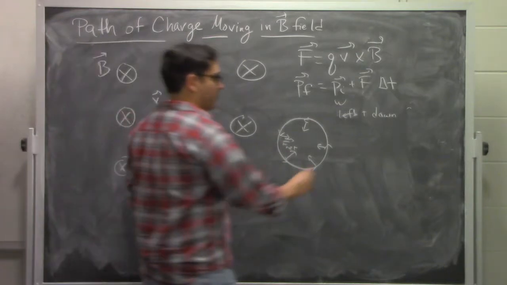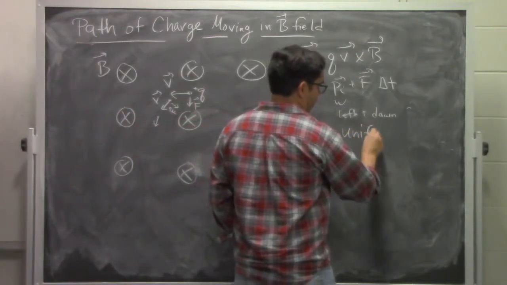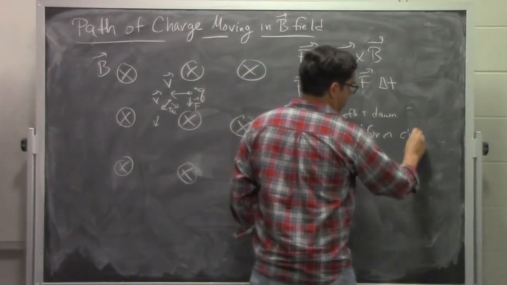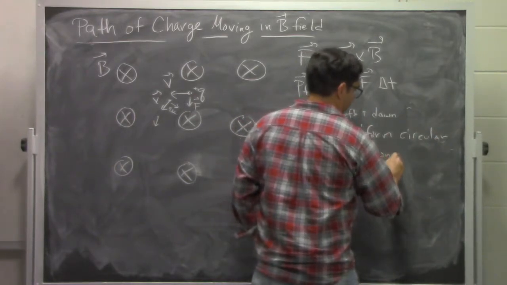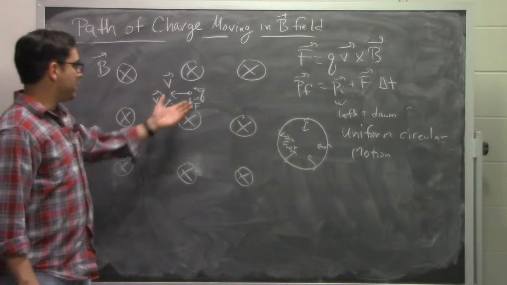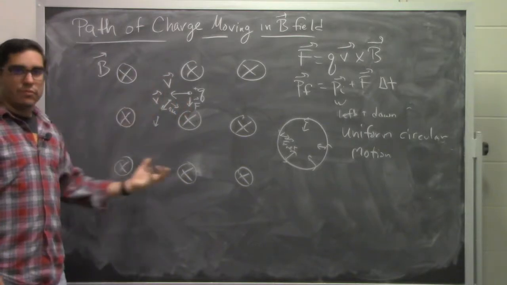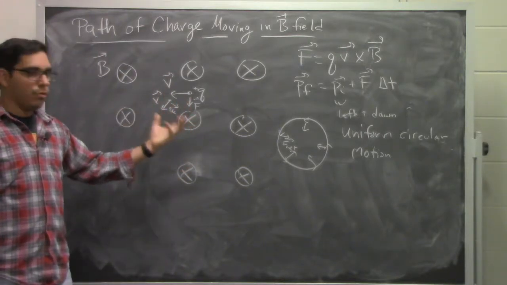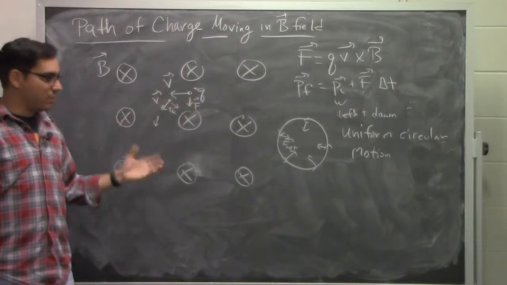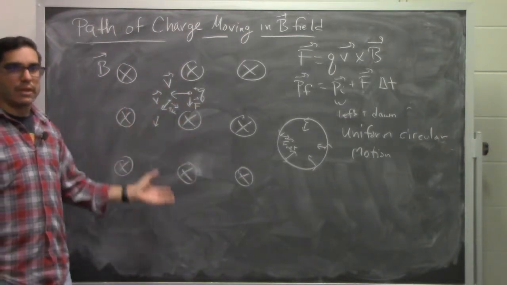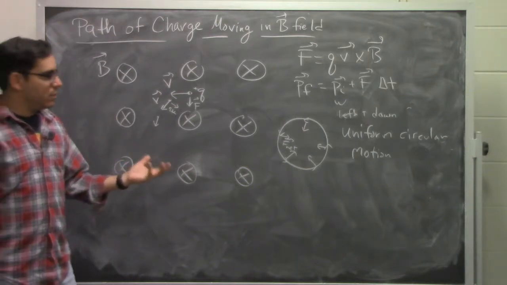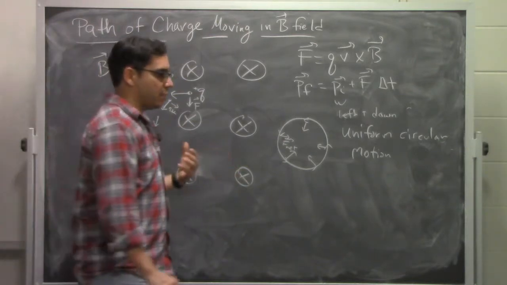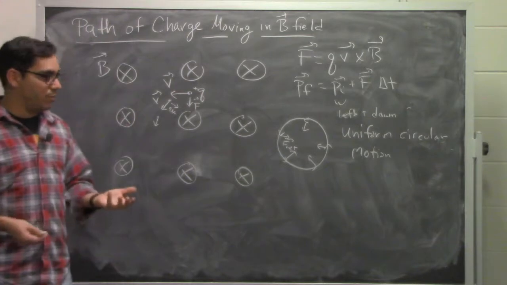So this is a case that we can model with uniform circular motion. That is, if you have a charged particle that has some velocity, and it's in a uniform magnetic field, it will move in a circle as long as it doesn't leave the region where the magnetic field is. Then all bets are off. This idea leads us to be able to model the net force in terms of the centripetal force, right?